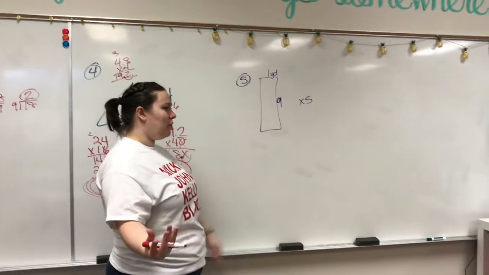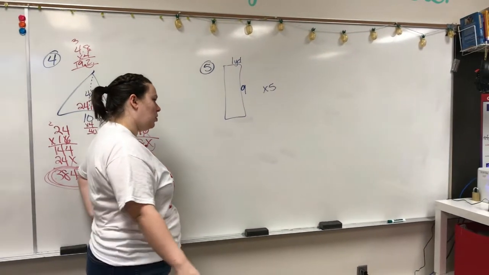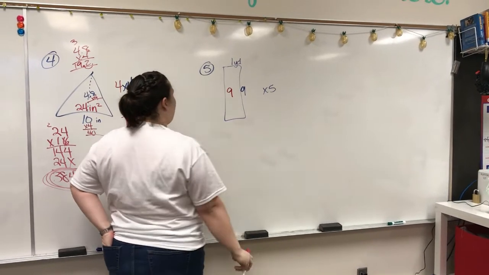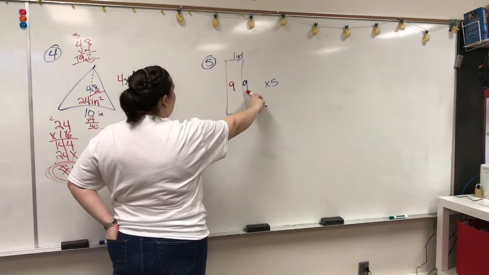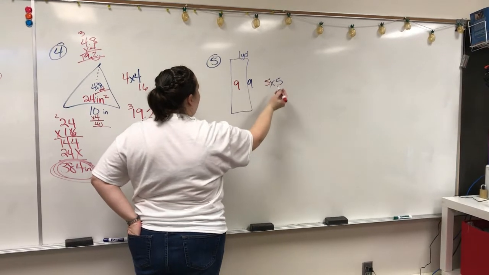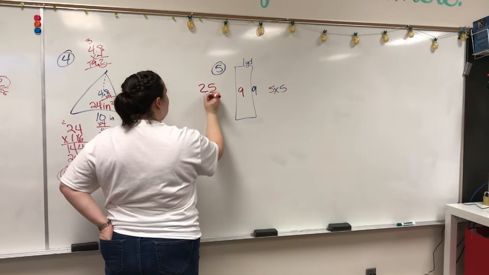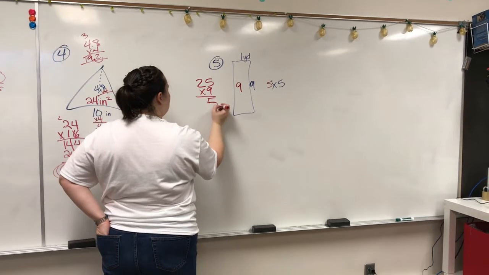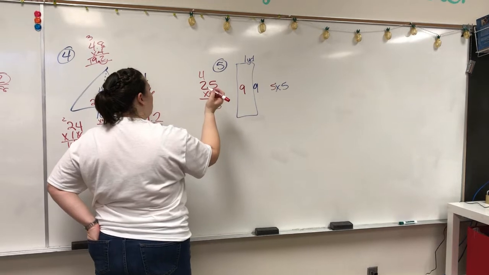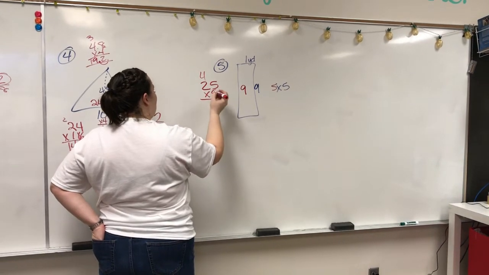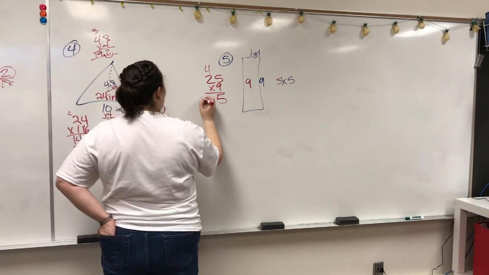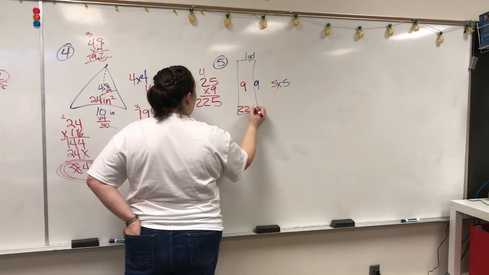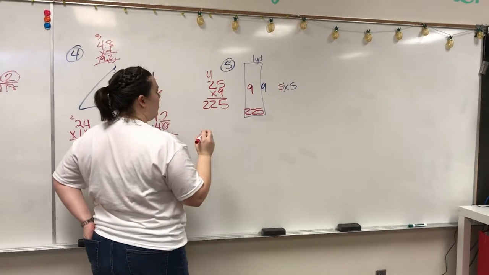Number 5, try and figure it out before me. The original is 9, because that's 1 times 9. I can multiply the original by 5 times 5, 25 times 9, 225 for that one.